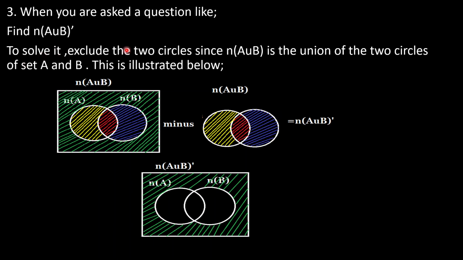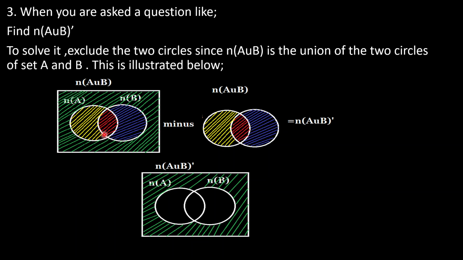Number 3, when you are asked a question like find the number of A union B complement, note that the complement sign came after the brackets or parenthesis sign. So to solve it, exclude the two circles, since A union B is the union of the two circles. When you take out A union B, which is region 2, region 1, and region 3, you'll be remaining with this.